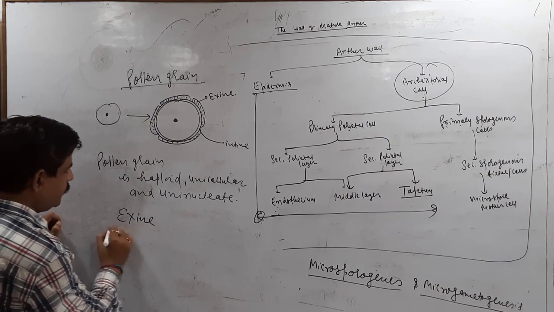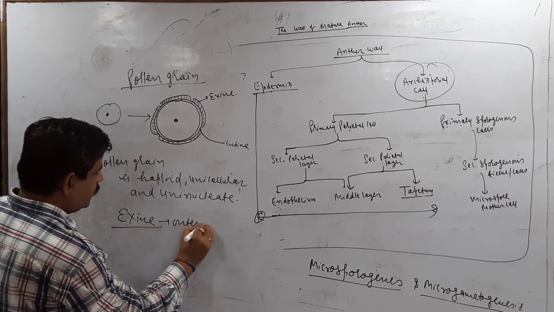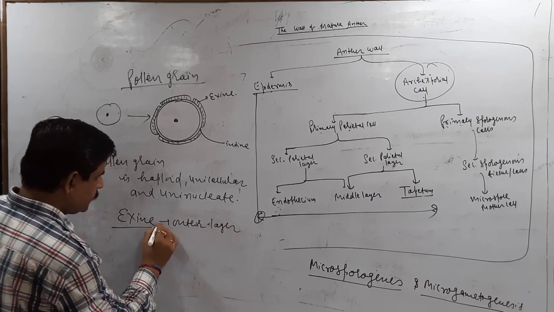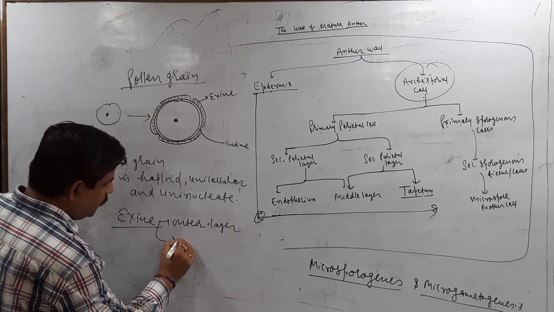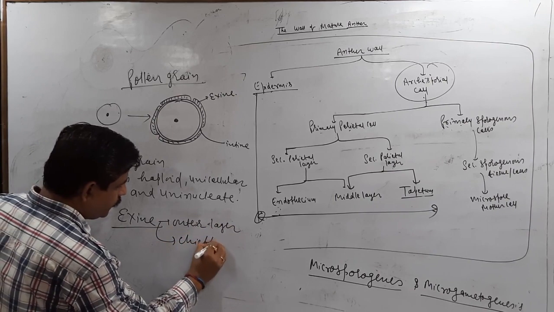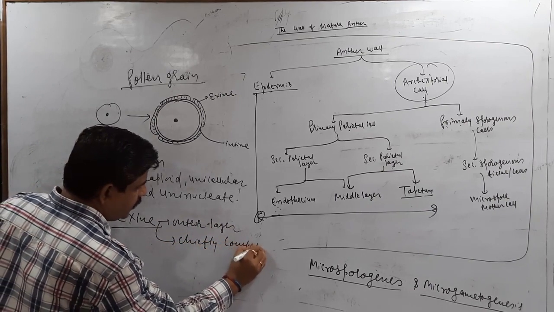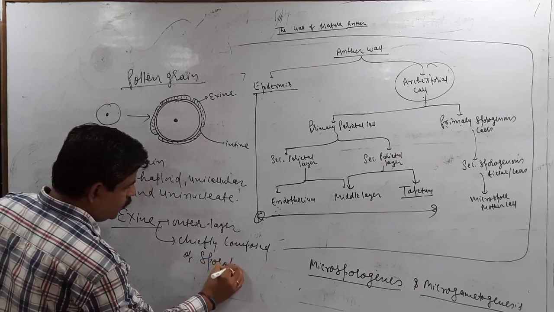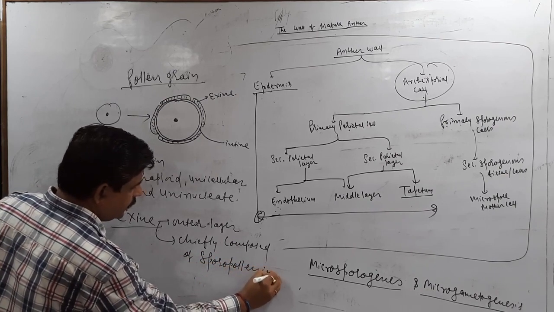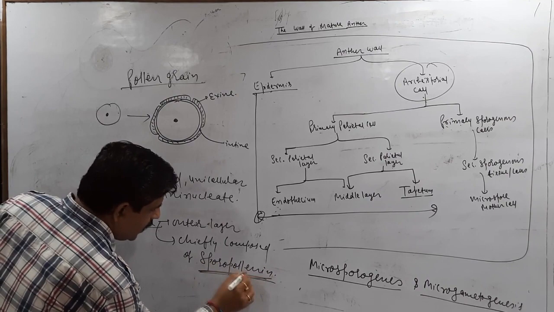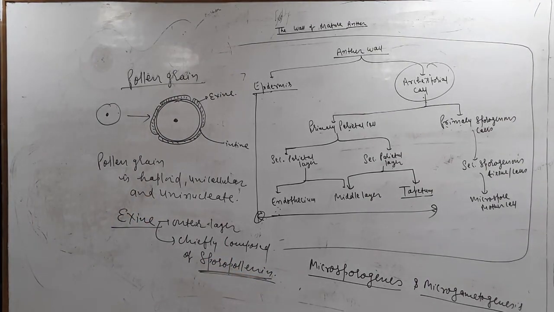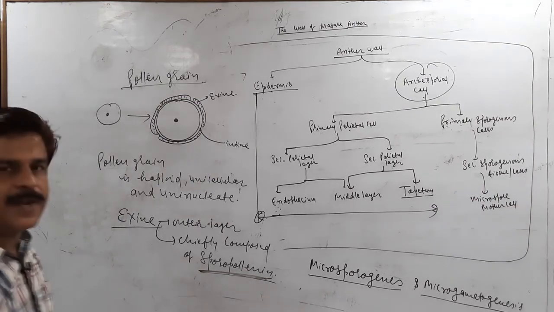Exine, the outer layer, is chiefly composed of sporopollenin, and this sporopollenin is one of the most resistant organic materials known.